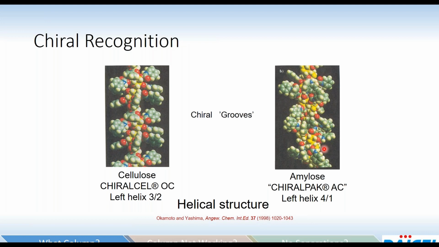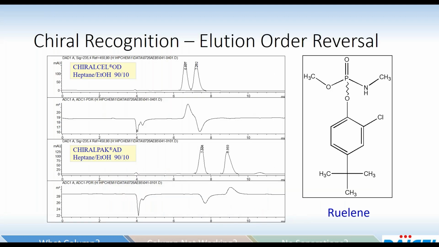And so what we would expect to see is if we had a separation on OC, it would probably be very different on Chiralpak AC. It could be different in a number of ways. One, it could not separate at all, or we might actually see some reversal of elution order, as is the case here for the separation of rulene.